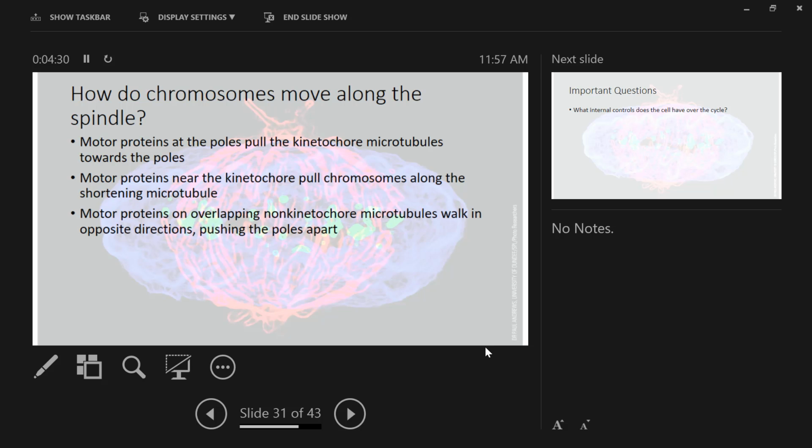And then motor proteins on overlapping microtubules, the non-kinetochore, walk in opposite directions, right? Forcing those non-kinetochore microtubules in opposite directions, stretching the cell up. Stretching the cell, making it to where the poles are further apart. So it's easier to ensure that the two genetic copies end up on opposite ends of the cell and therefore end up in separate nuclei.